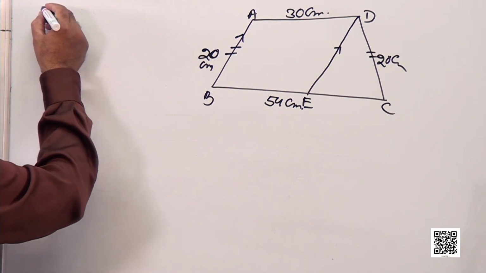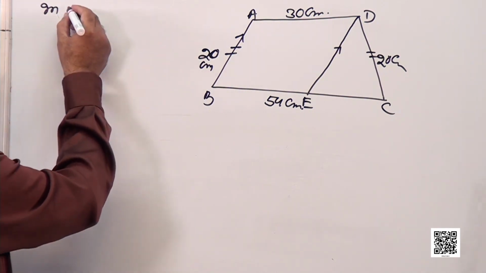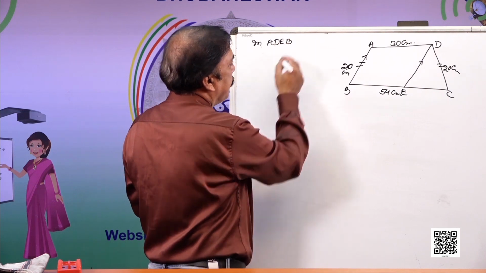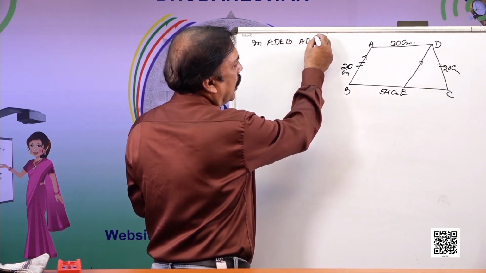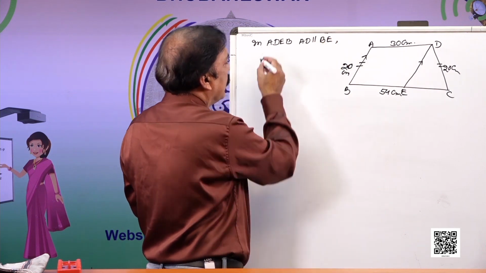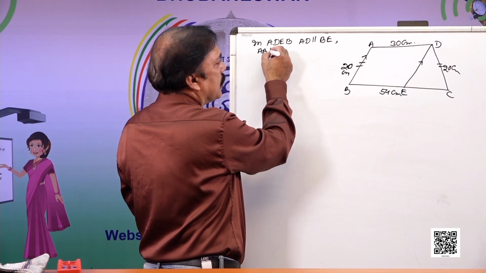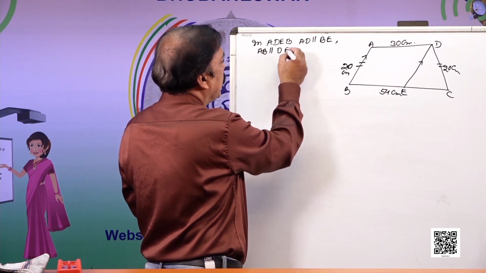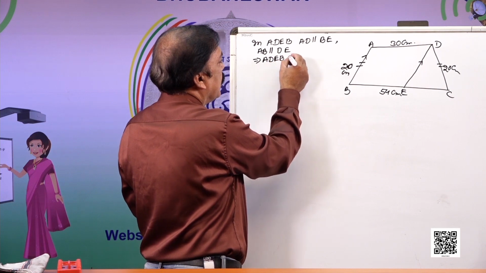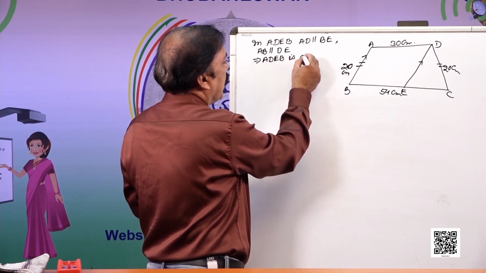Now in ADEB, AD is parallel to BE and AB is parallel to DE. That means ADEB is a parallelogram.